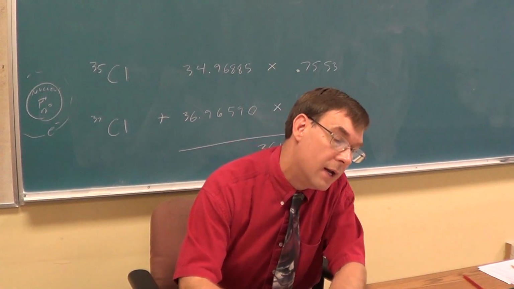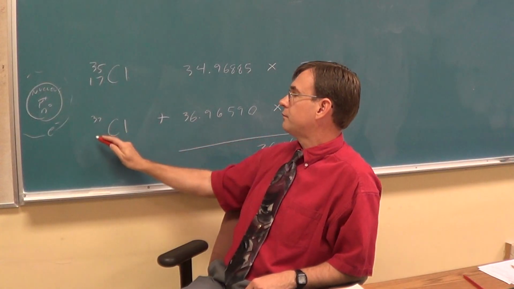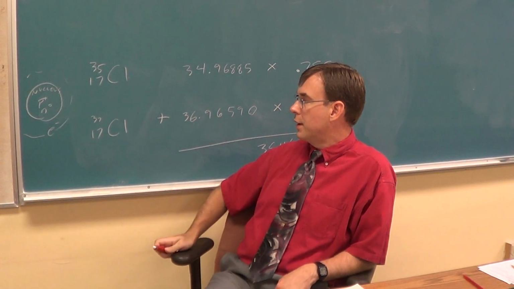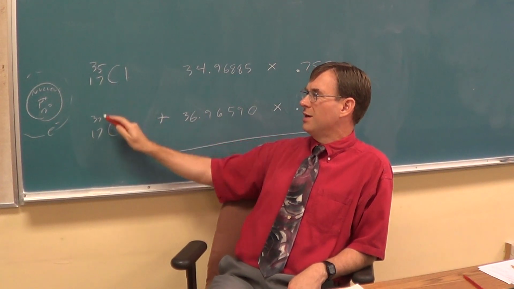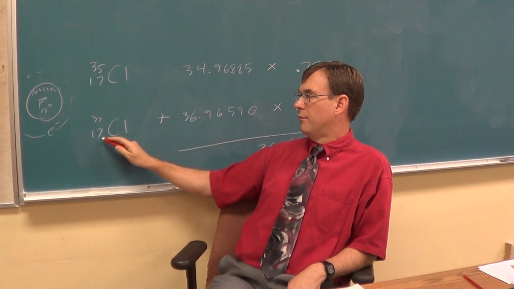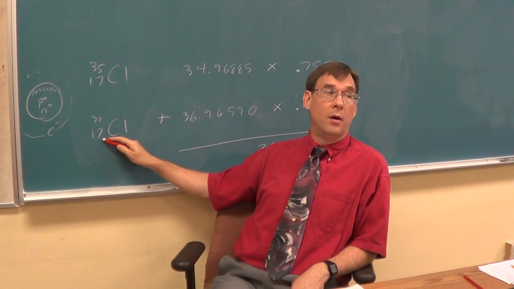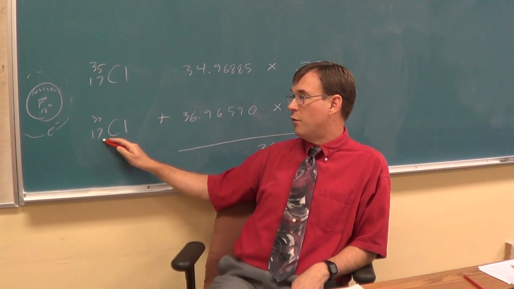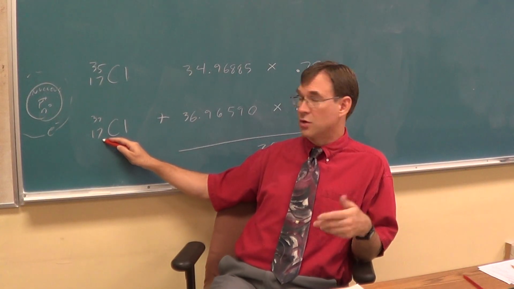So chlorine on the periodic table is number 17. All chlorine is going to have a number 17 there. Which number is this lower number? That's the atomic number. That's counting the protons. And therefore, it's also probably counting the electrons unless they had some strays.